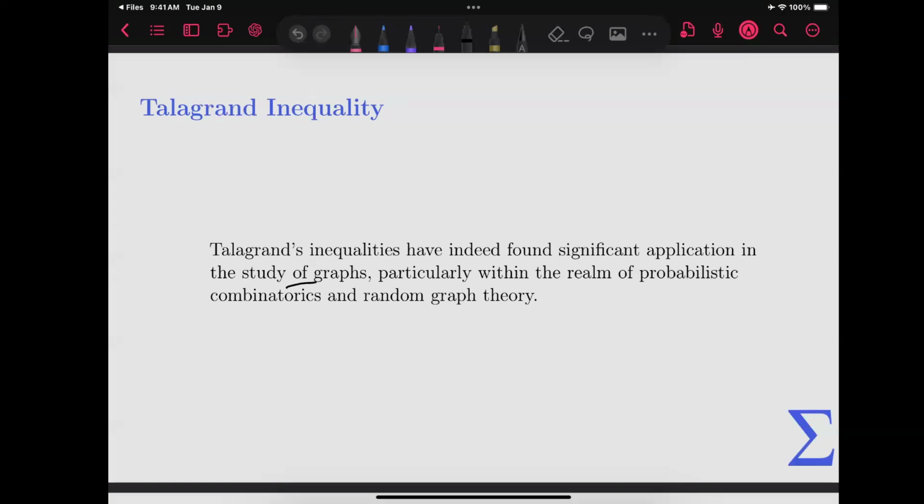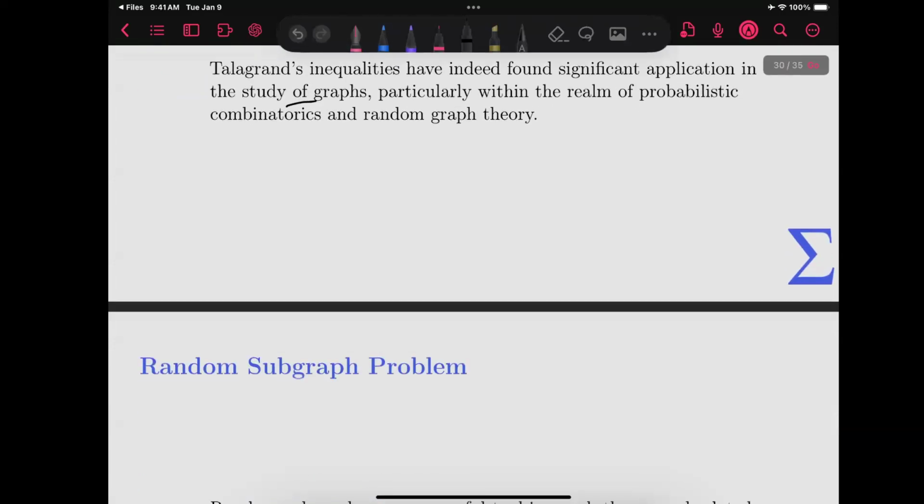That's why we want to find a sharper bound. For graph research, we just keep working until we find a smaller running time, a smaller chromatic number, and stuff like that. That's why we keep wanting to get a sharper bound over time, and why Talagrand has been appearing in a lot of graph research papers.